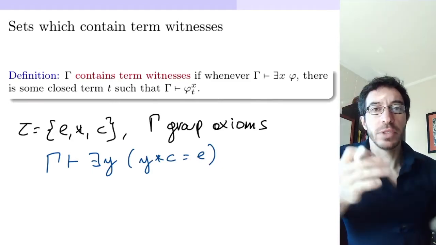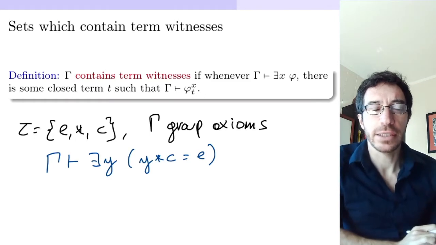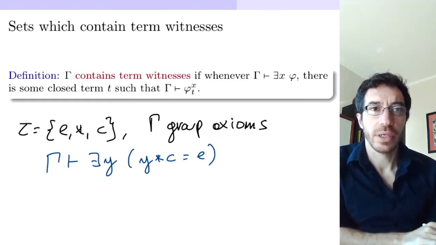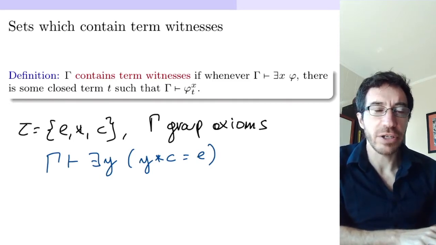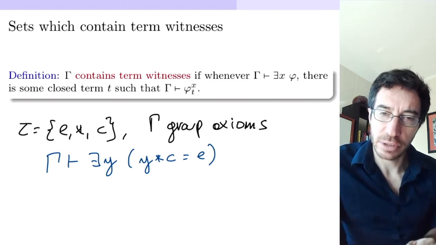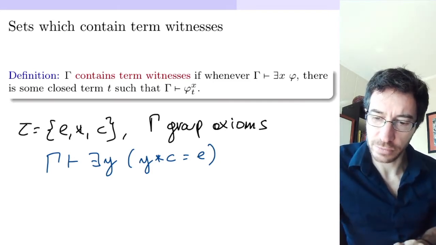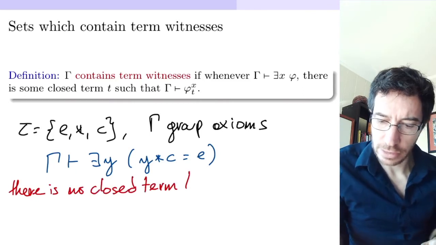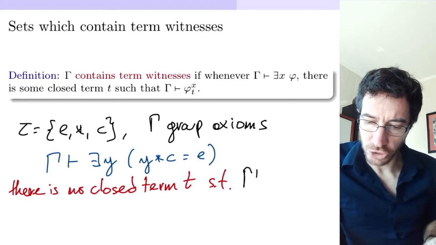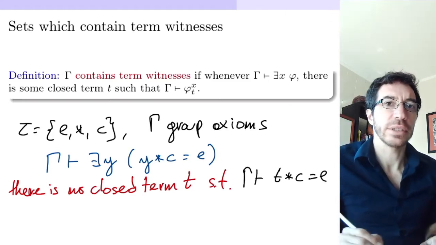Because one of the group axioms is that for every x there exists a y such that x times y equals the identity. So you can give a deduction proof for this, but there is no term in our term model that satisfies what this y satisfies. We saw that before: no closed term t in this vocabulary such that gamma proves t star c equals e.